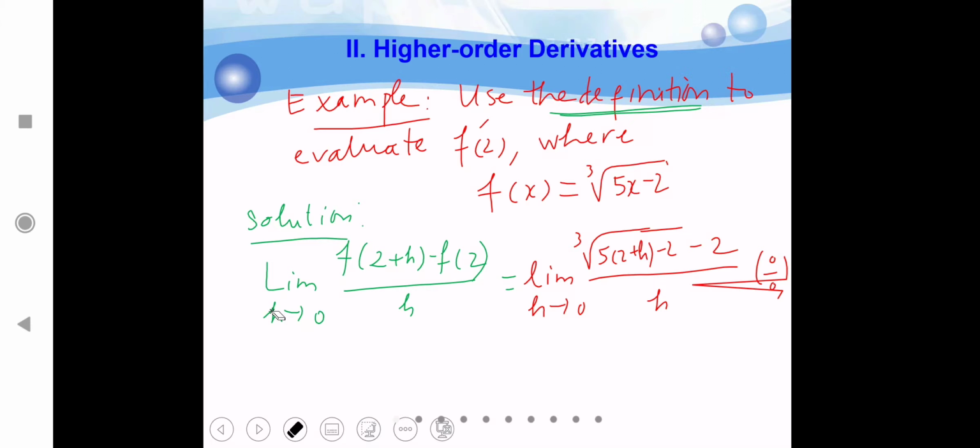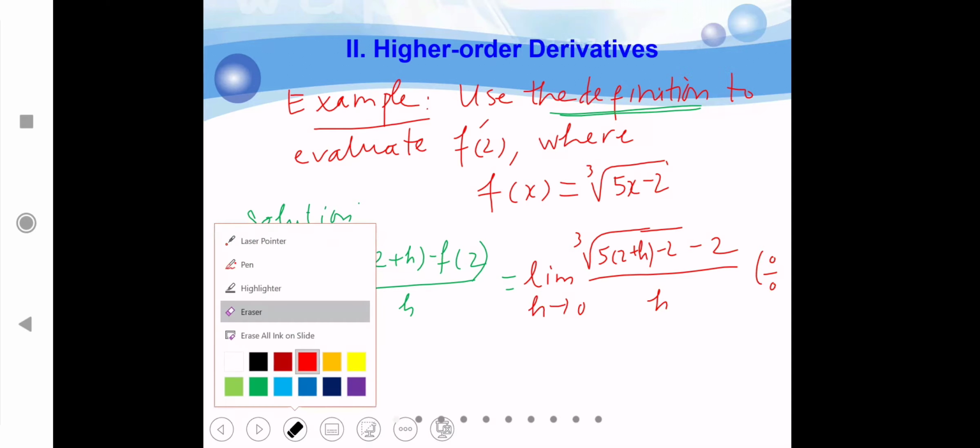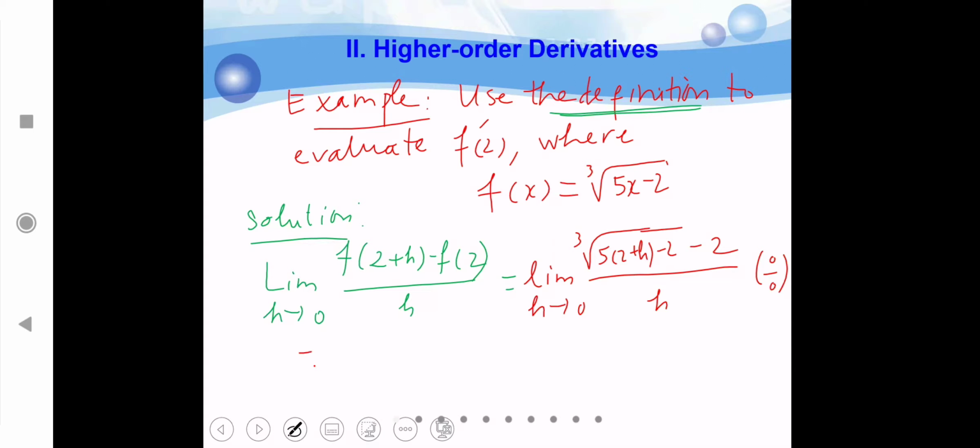Okay, and so you write the limit of (cube root of (5h plus 8) minus 2) over h. We multiply both the numerator and denominator by what expression?